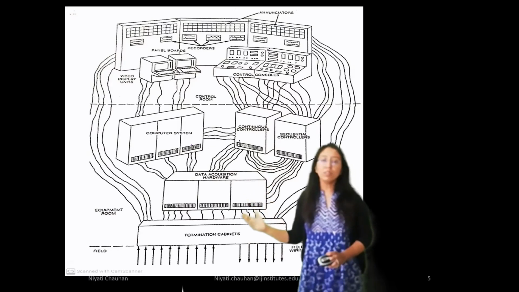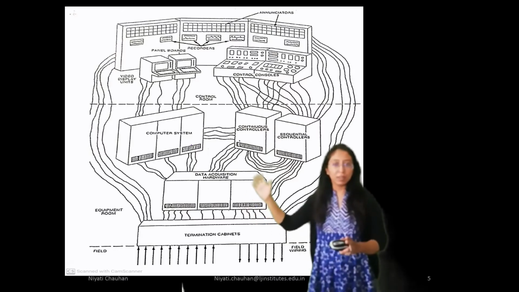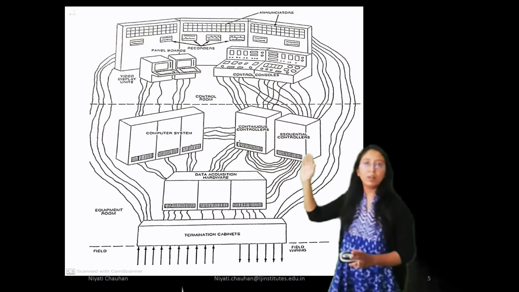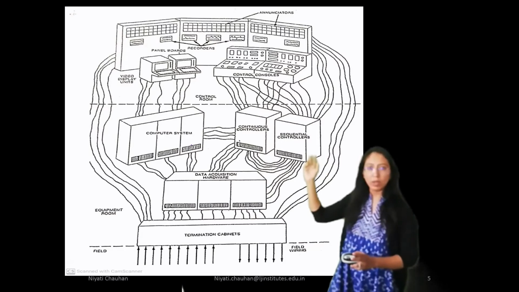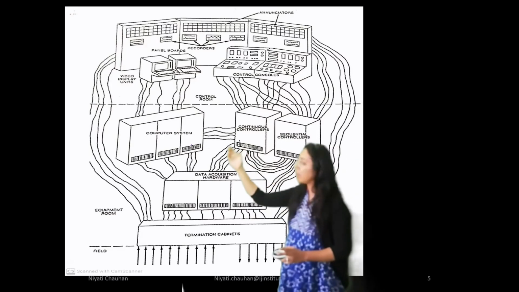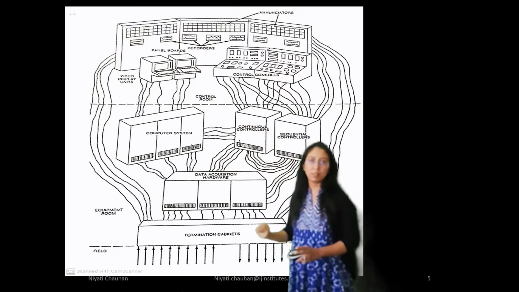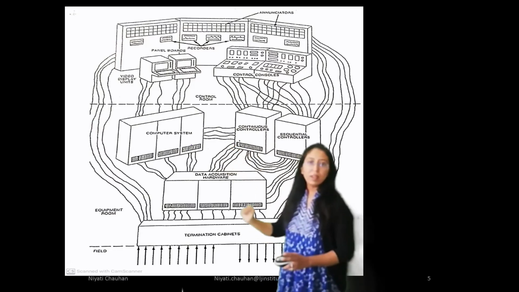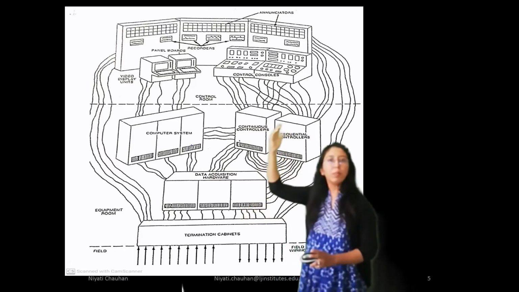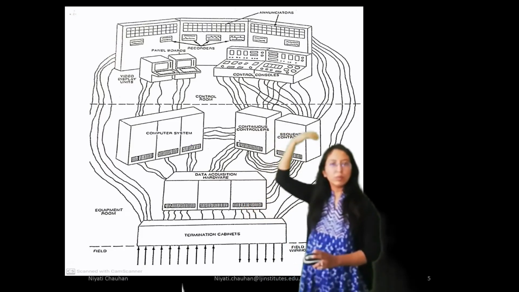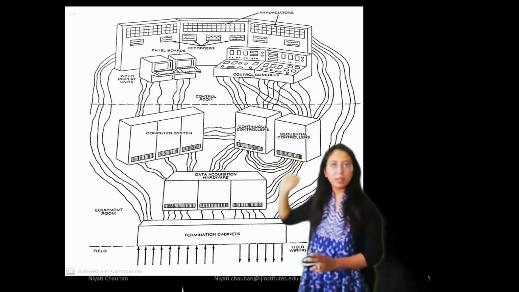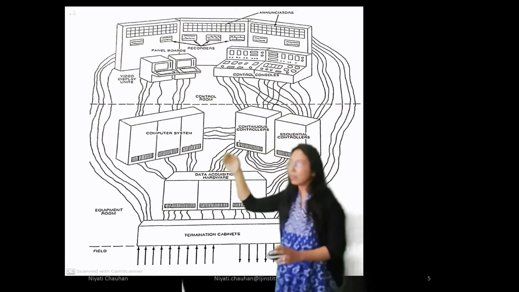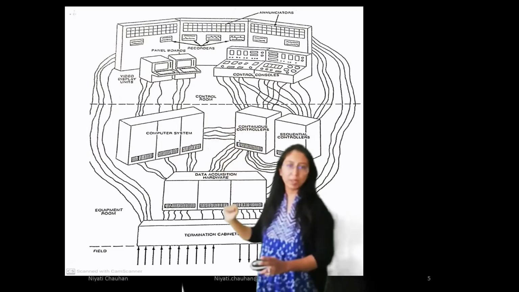In the data acquisition system, we divide into two parts. First is the continuous controller, that is analog control, and next is the computer system, that is digital control. Then from the continuous controller, data is sent to the operator's console, and from the control system, data is sent to the video display.